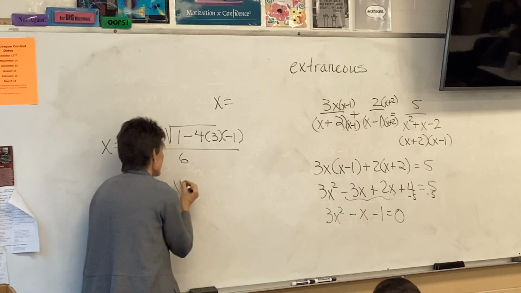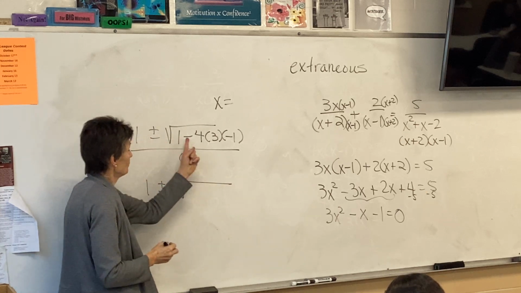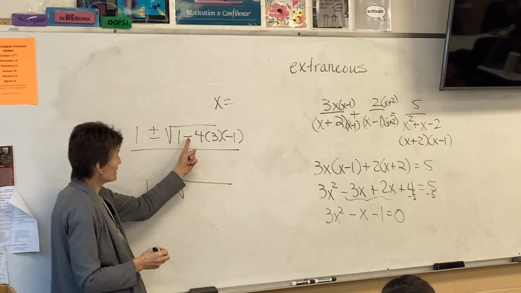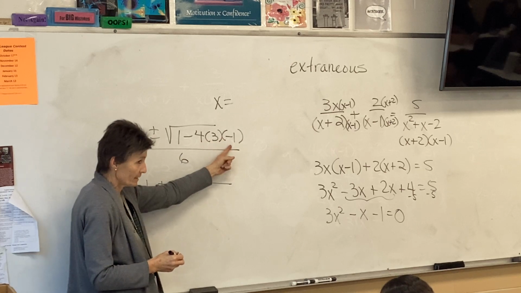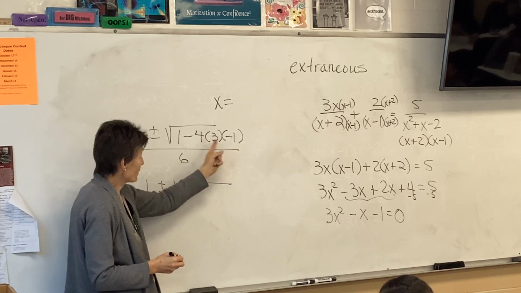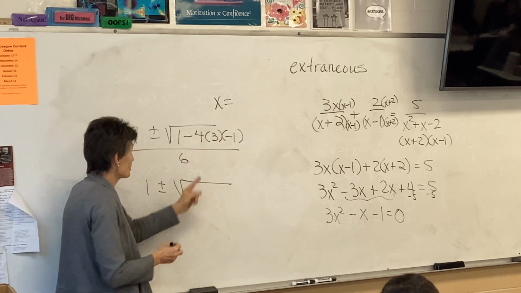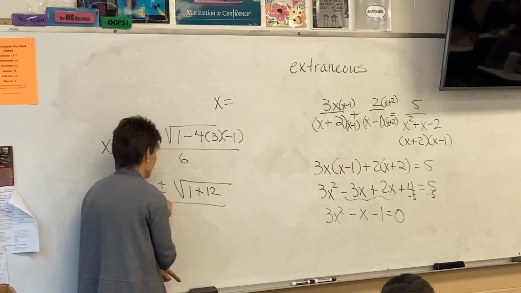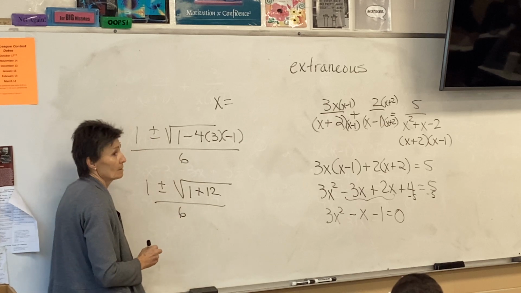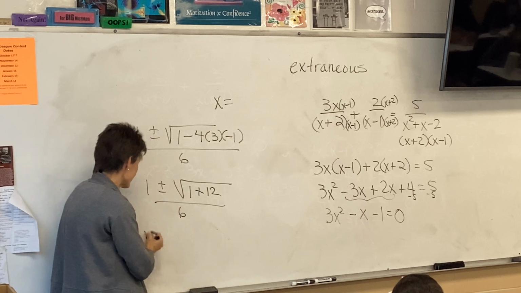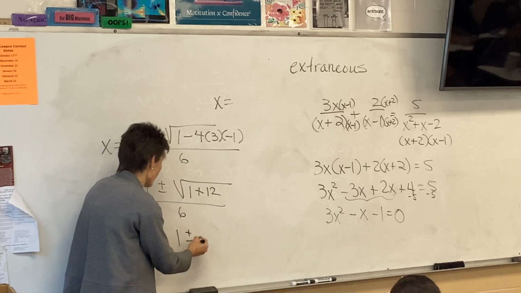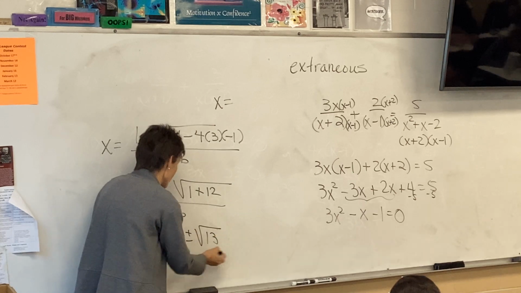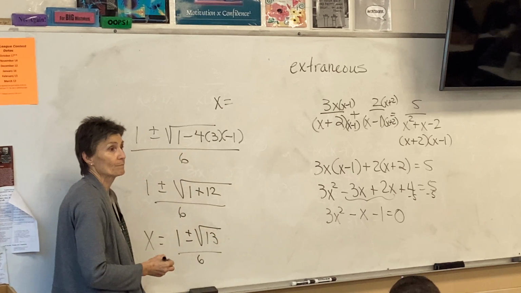One plus or minus. Now, be careful. You have a negative times a negative, so that's going to become positive. So it's 1 plus 12. So x equals 1 plus or minus the square root of 13 over 6.